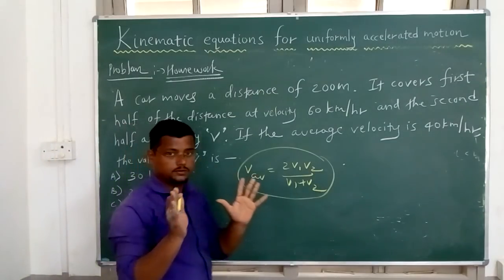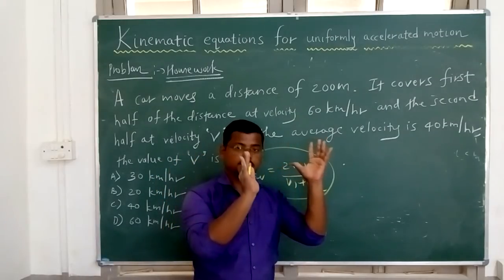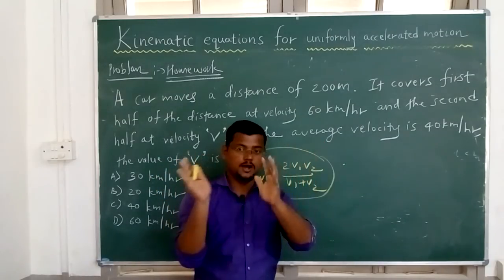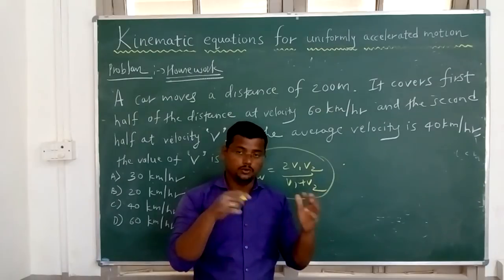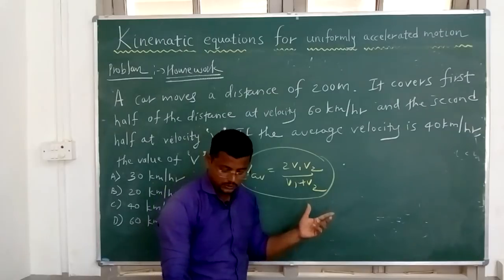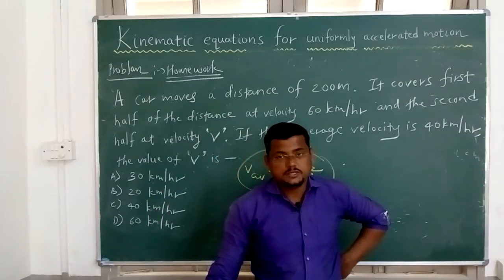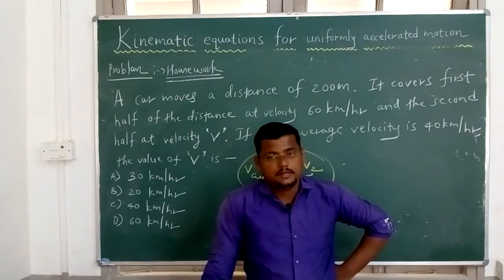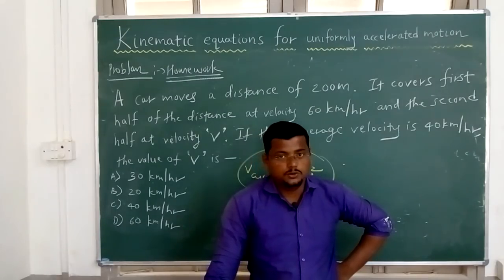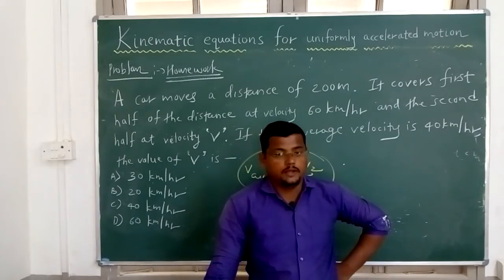So half of the journey in the two journeys, half distance, and the next journey half distance. Half means equal distance covered during the two journeys. Hence you have to make use of this formula. You solve this and let me know your answer, as side by side you are going to prepare for your CET exam also. Okay, so try today's derivations as homework.